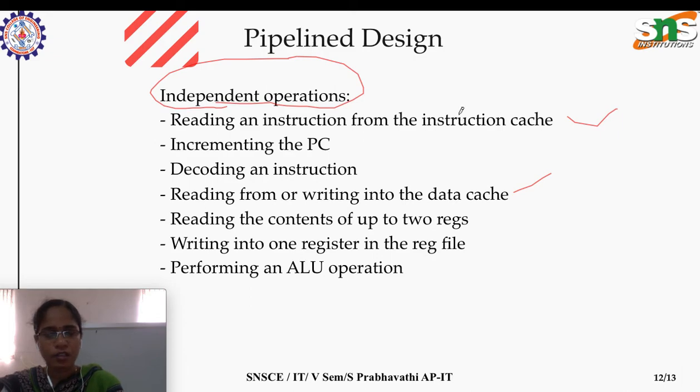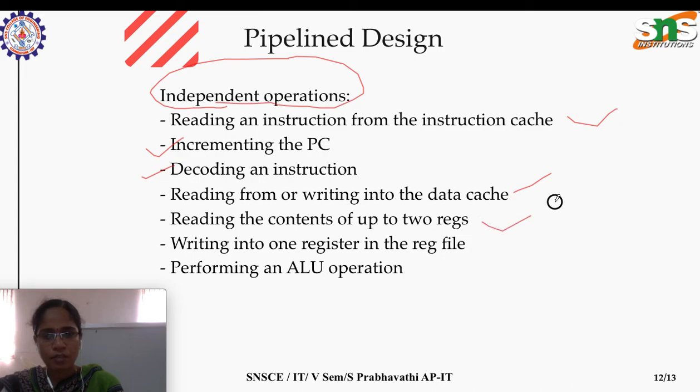While generating that data, the instruction cache will give the input to the instruction decoder to generate the respective control signals. Incrementing the PC is independent of the ALU, and decoding the instructions happens without depending on any other hardware unit.